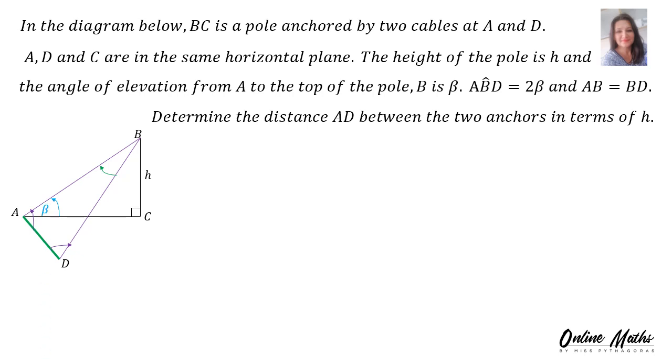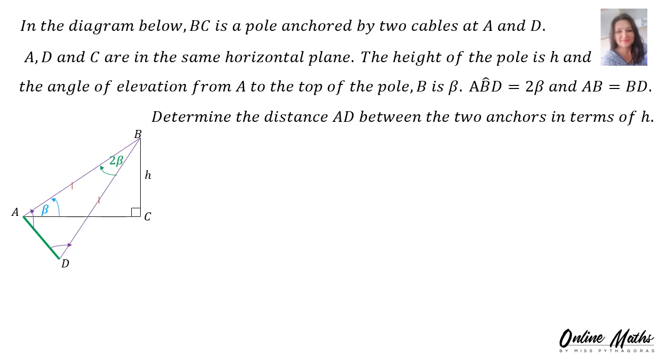That's the blue angle. Angle ABD is equal to 2 beta, and side AB is equal to BD. Determine the distance AD between the two anchors in terms of h.